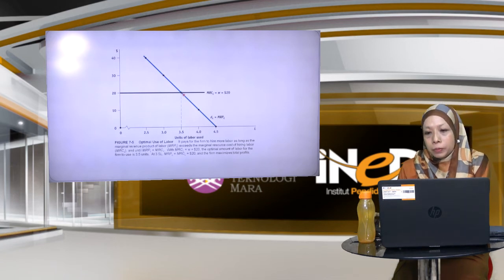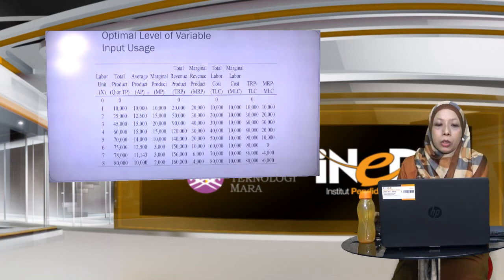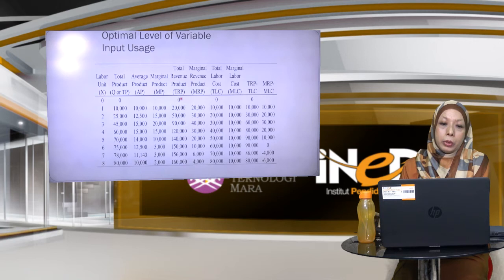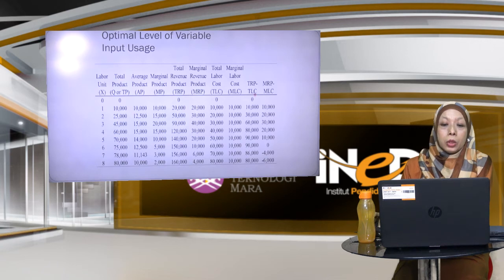Okay, so let us go back to our production table, but this time around, I have added extra columns. We have total revenue product, marginal revenue product, total labor cost, and marginal labor cost. We also have the difference between total revenue product and total labor cost, and a column for the difference between marginal revenue product and marginal labor cost.